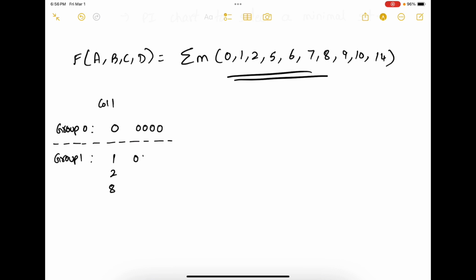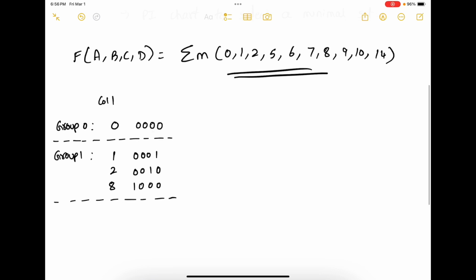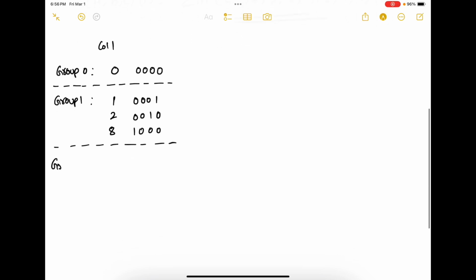1 is nothing but 0, 0, 0, 1. 2 is 0, 0, 1, 0. And 8 is 1, 0, 0, 0. Next, go for group 2. Group 2 will have minterms which have exactly 2 ones.